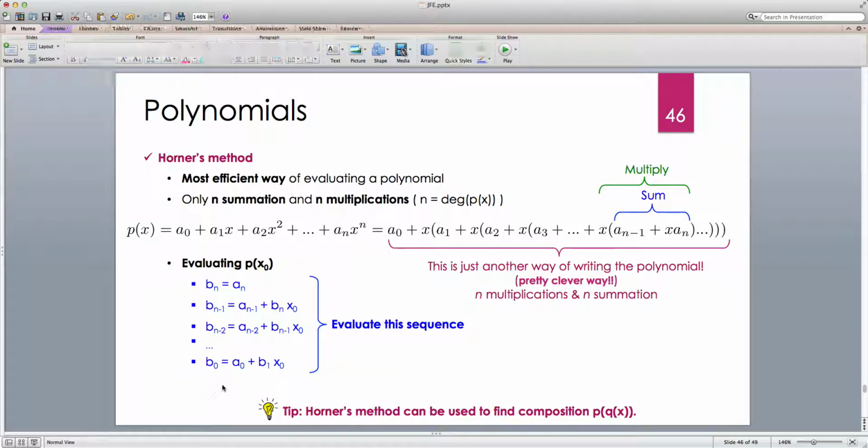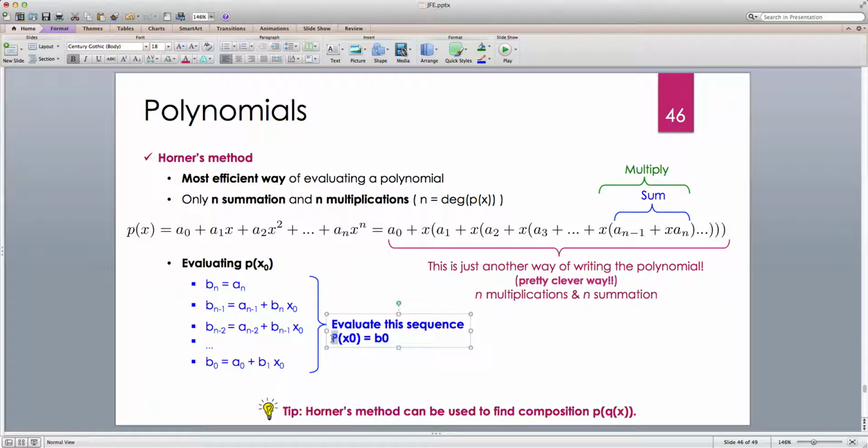Okay. Now what is the value of p at x0? Obviously if you follow all these, the b terms are basically all these parentheses. So bn, and the whole thing here is b1 times x0 plus a0, which is b0. Therefore p of x0 becomes b0.